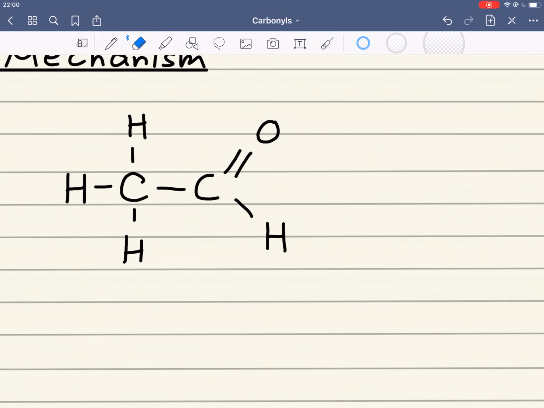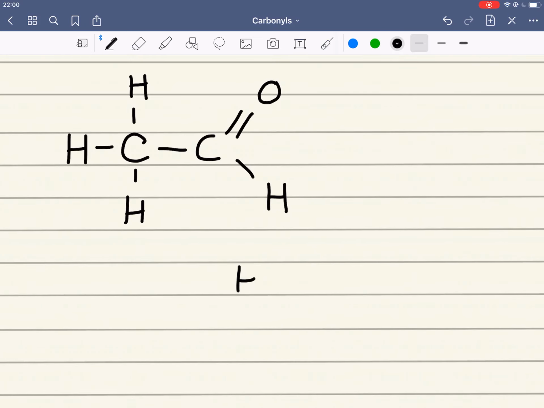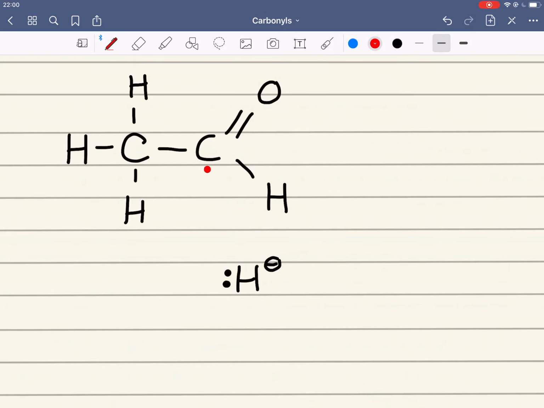So what we're going to get then is this hydride ion with its negative charge, lone pair, that's going to form a bond here. So we're going to form a new hydrogen-carbon bond.